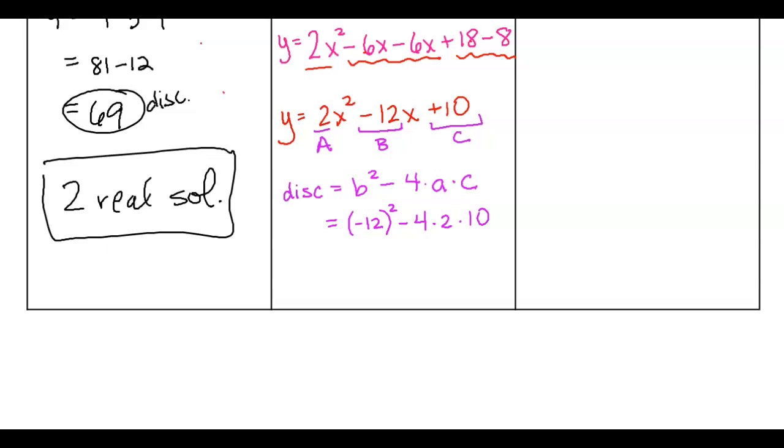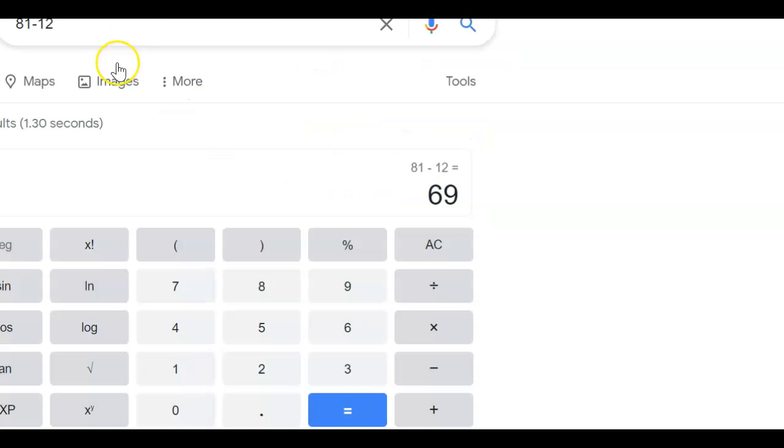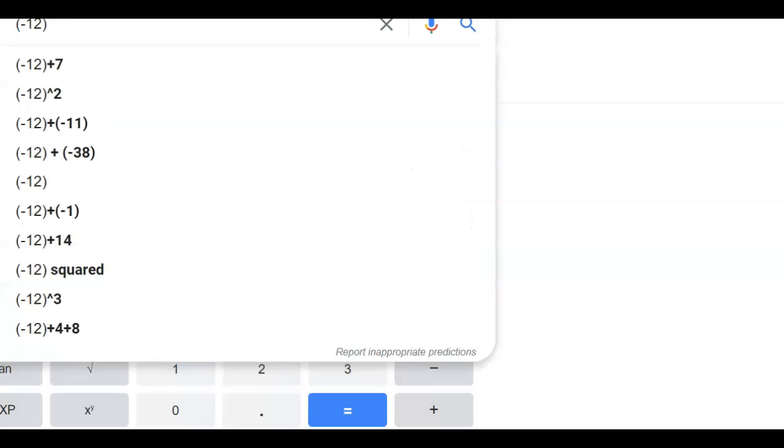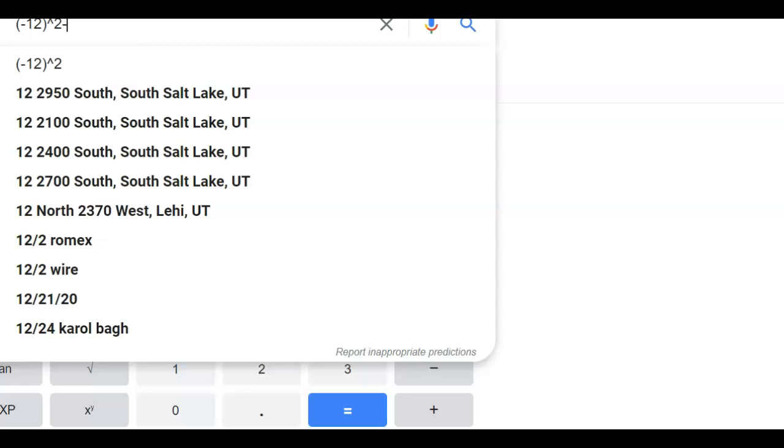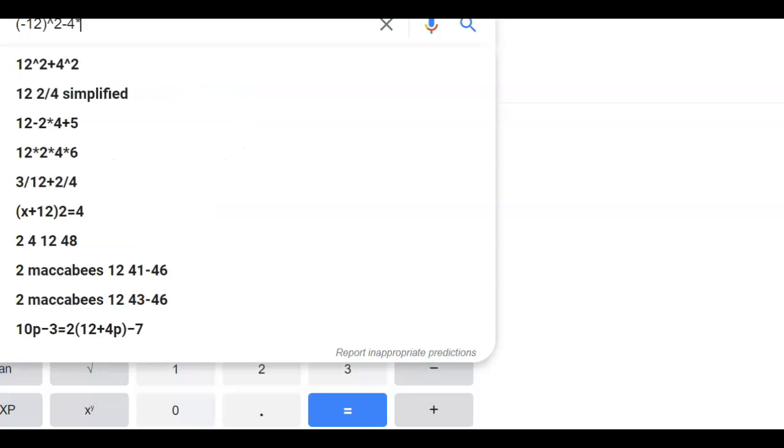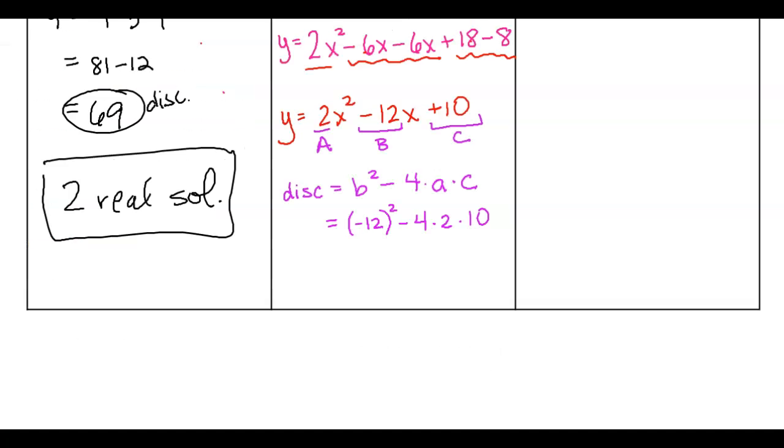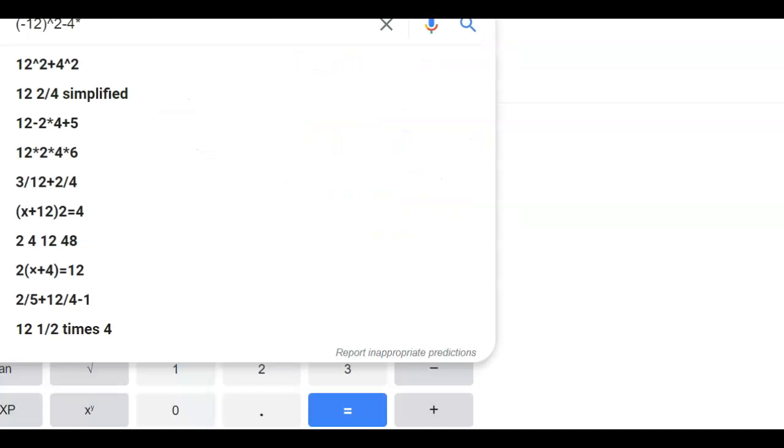All right, and I'm going to just type that straight in. So I get negative 12 squared minus 4 times, I'm going to look back, 2 times 10.